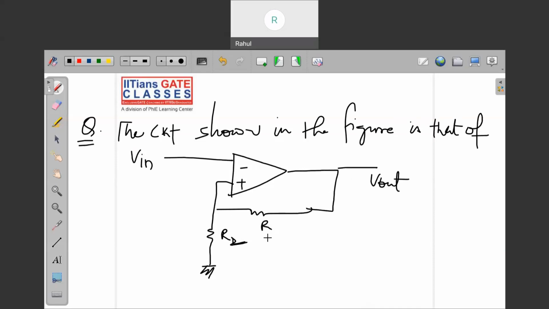And this is R1. Now in the options, they have given option A, option B, option C, and option D. So you have to choose which the circuit shown in the figure is that of. Option A they have given is a non-inverting amplifier.